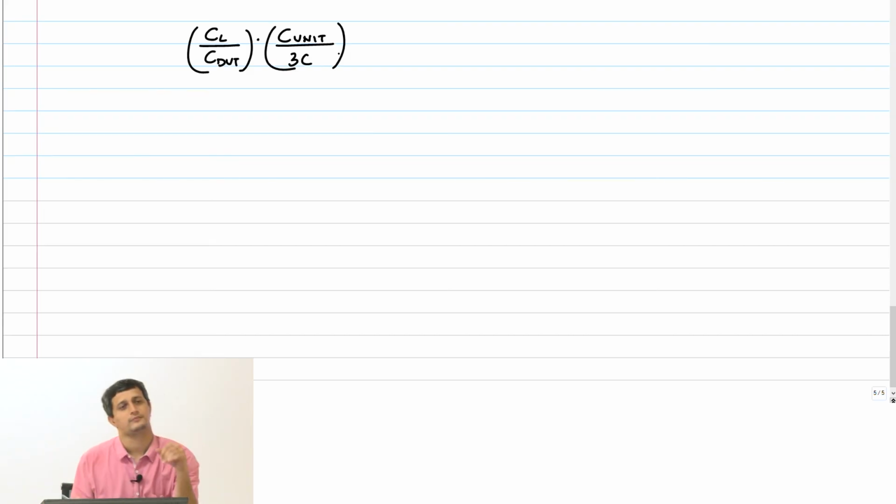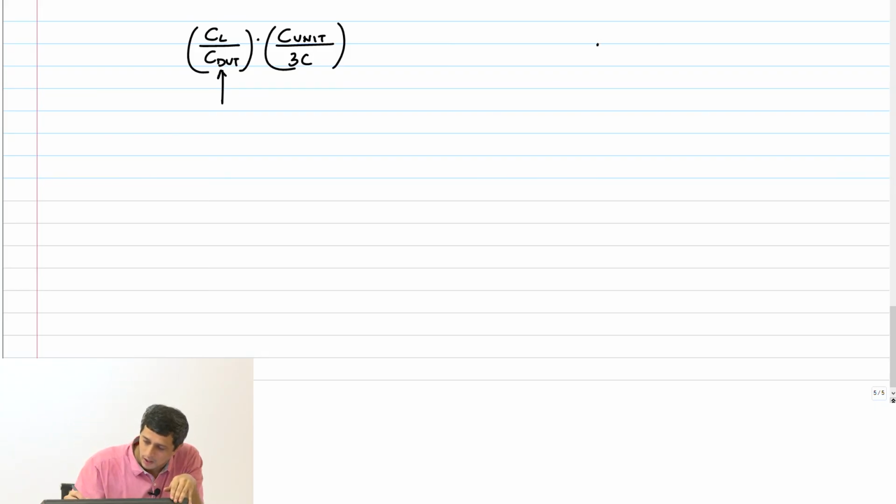Okay. So let us now more carefully look at what this term means. We have the normalized delay defined in terms of CL by C DUT into C unit by 3C. This is basically just the ratio of the output capacitance of that gate to its input capacitance, right?